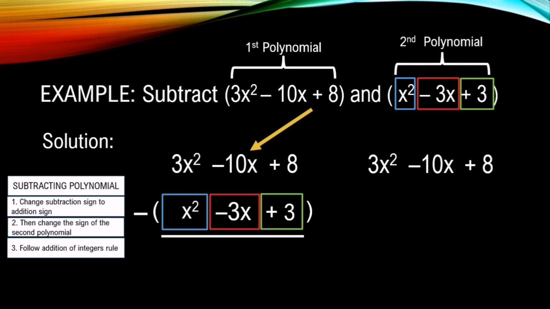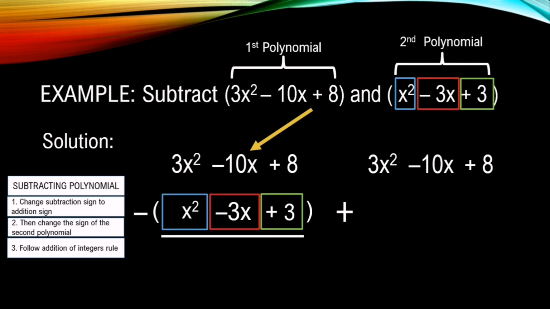Okay, so let's proceed. We will be copying the first polynomial, so that is 3x squared minus 10x plus 8. And then, let's apply the rule. First, change subtraction sign to addition sign. There you have it. And then, change the signs of the second polynomial. Let's start with the first term in our second polynomial, which is x squared.